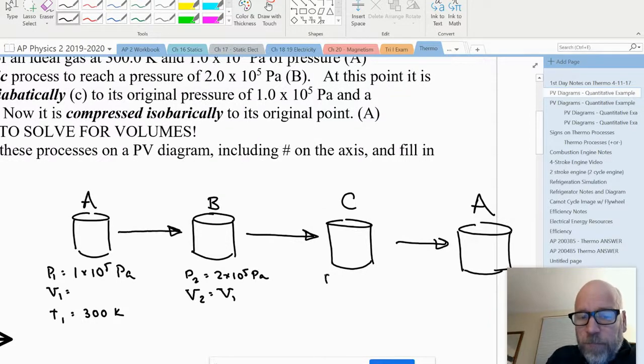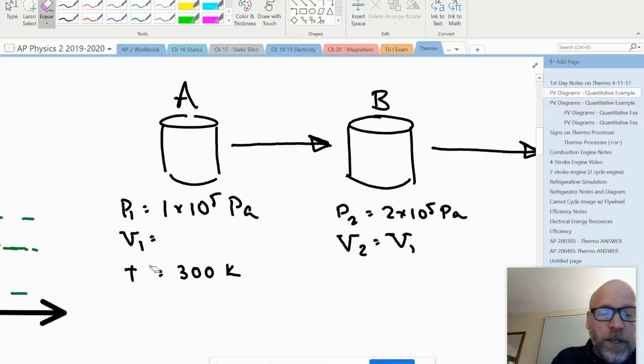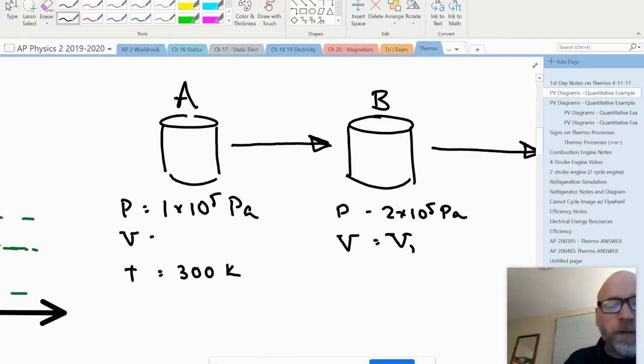So P, I should have called these C and A. Darn it. I'm going to make that C is back to 1 times 10 to the 5th. Now, in a problem like this, have you guys ever seen me solve a 25-minute problem and not make multiple mistakes along the way? Yeah, I know. That's where this is going.